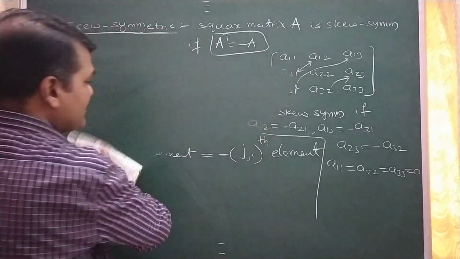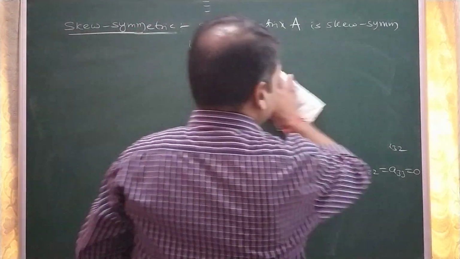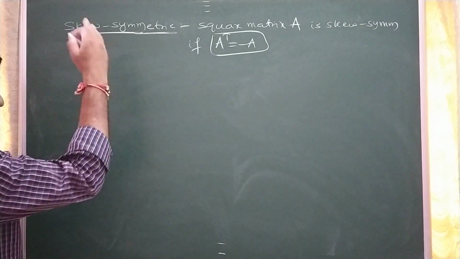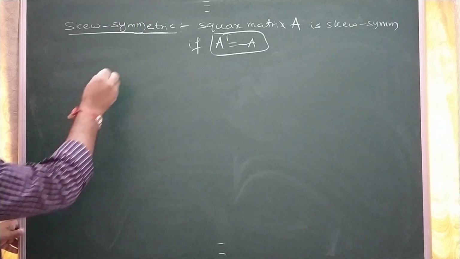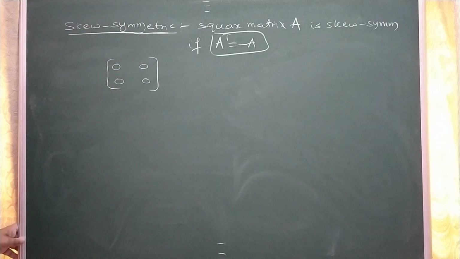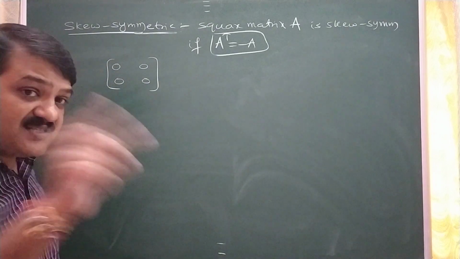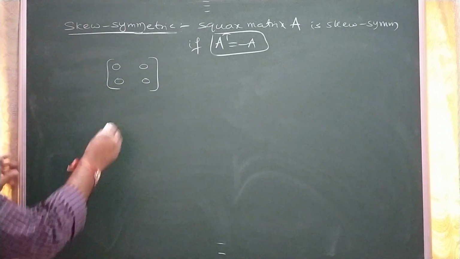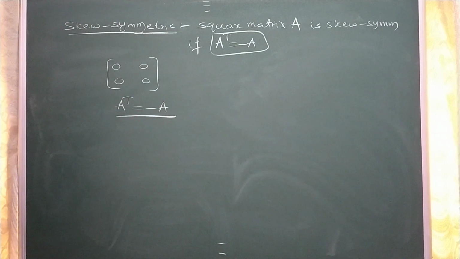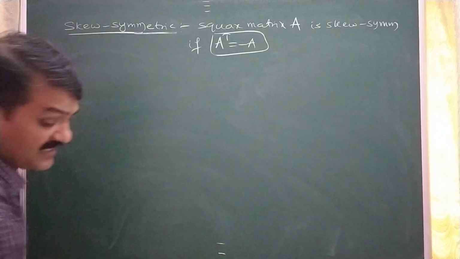And I am going to discuss some properties with you. Zero matrix, which is a square matrix, is always skew symmetric, because even if you transpose, you will get all zeros only, no? So A transpose is equal to minus A will be satisfied for that.